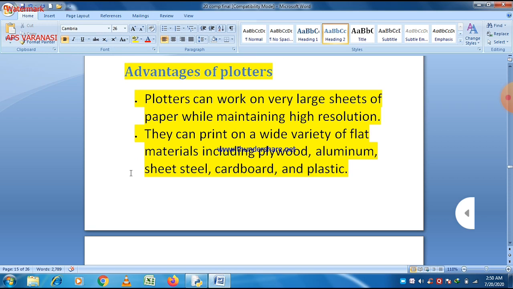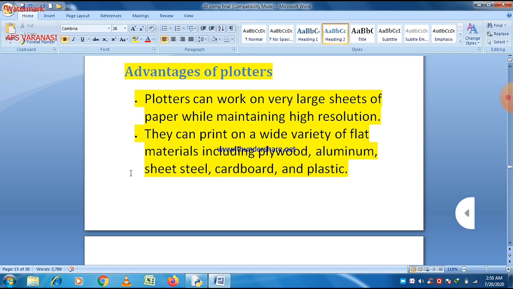They can also print on a wide variety of flat materials, including wood, aluminum sheets, steel, cardboard, and plastic. And the third advantage is its purpose.